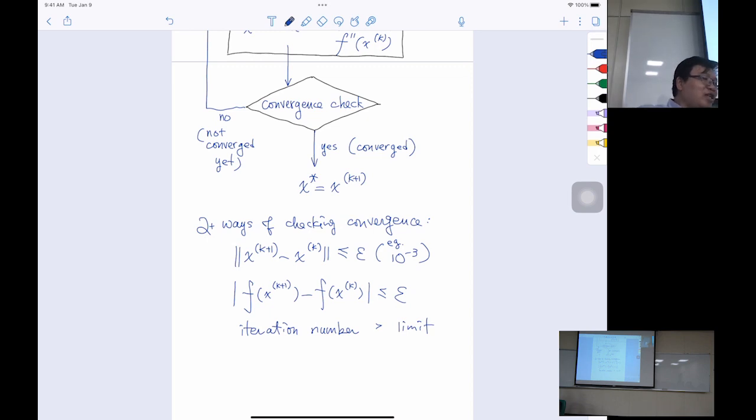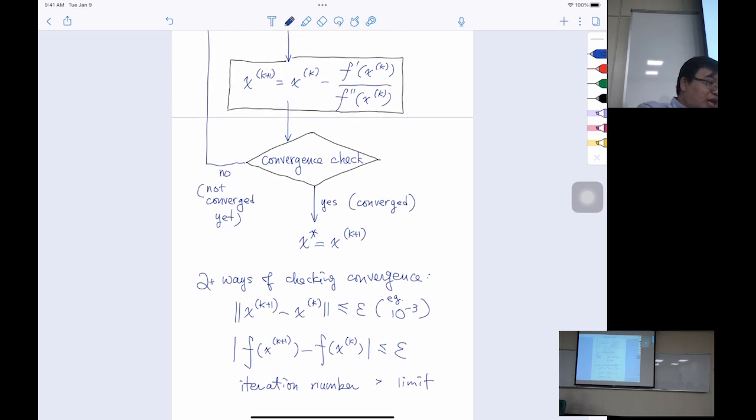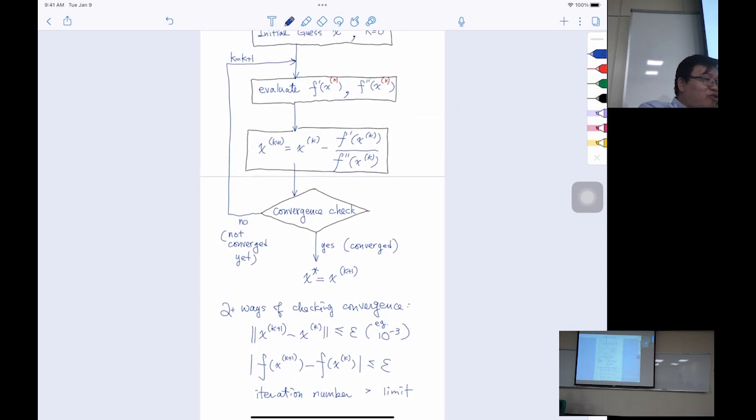If you only allow this process to run for 10 iterations, then when this is over, just stop. And you can have those criteria applied at the same time. You can define your own way for convergence check.